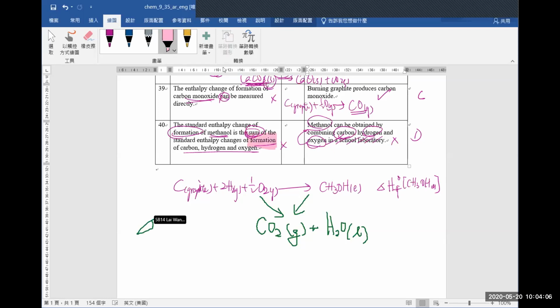First of all, formation is not correct. Second, the sum is also not correct. If you step back to your own method, I need to add O2 as well, right? How many O2?